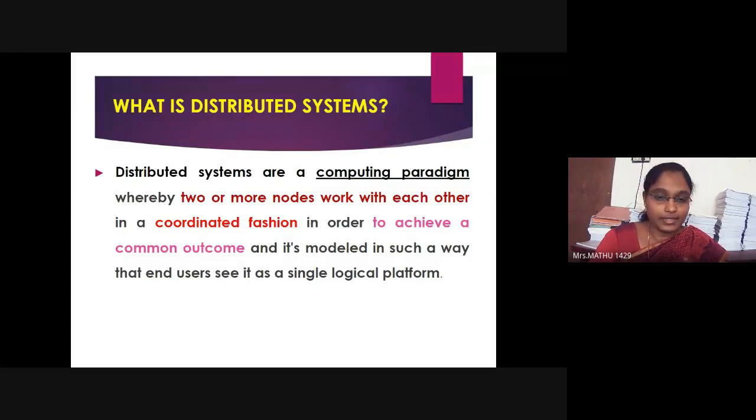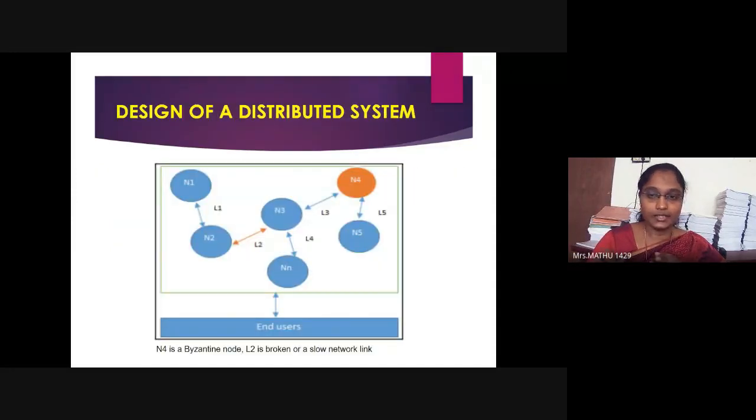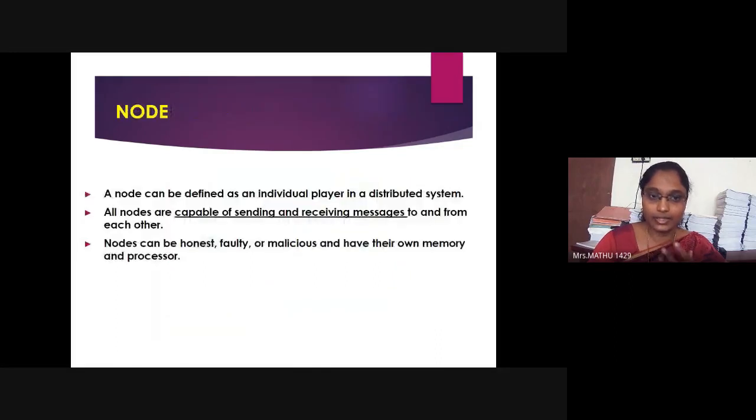Now, what is this network, and what are these nodes? You can see in this picture several nodes connected, and we'll look into this again. So what is a node? Each node can be an individual player. For example, if you want to do a transaction, one node may be a sender and another node a receiver.